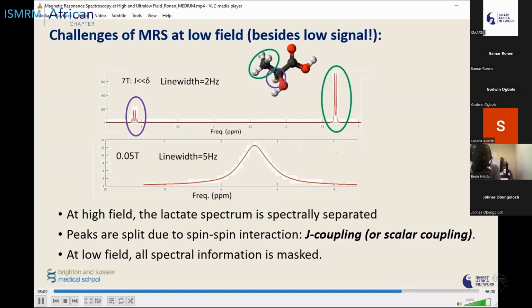That means that all the spectral information within the lactate, but also between the lactate and everything else, including water, including N-acetyl aspartate and all the other metabolites that contribute to the magnetic resonance spectrum, all this spectral information is masked, giving rise to the inability, essentially, to perform standard spectroscopy at very low field, especially with the type of magnets that we are using in our low field MRI systems.